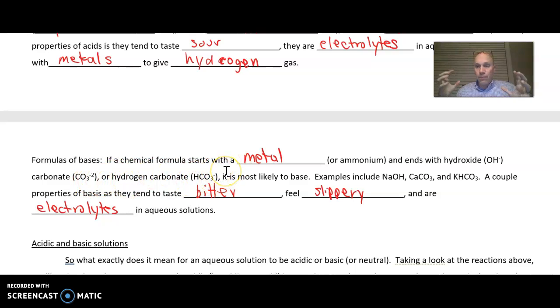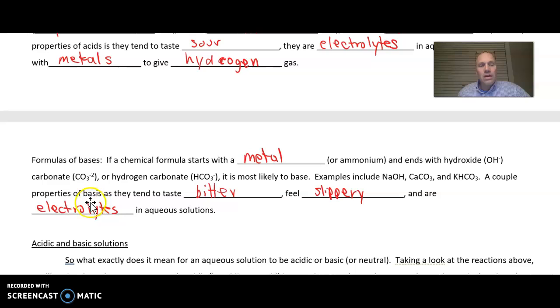Remember that hydroxide by itself has a minus charge, but when it's in a formula with sodium, with that Na plus, you don't show the charges in the overall formula. So sodium hydroxide, calcium carbonate, potassium hydrogen carbonate, these would be a couple of examples of formulas that would be bases.